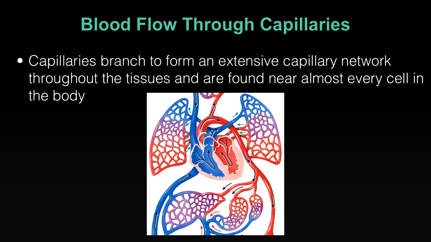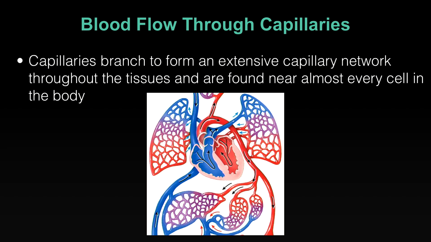In this figure, it looks two-dimensional, and it's to get the point across that arteries merge with veins through a capillary bed, a network of capillaries. There's probably millions of capillaries within the entire capillary bed system in the body.